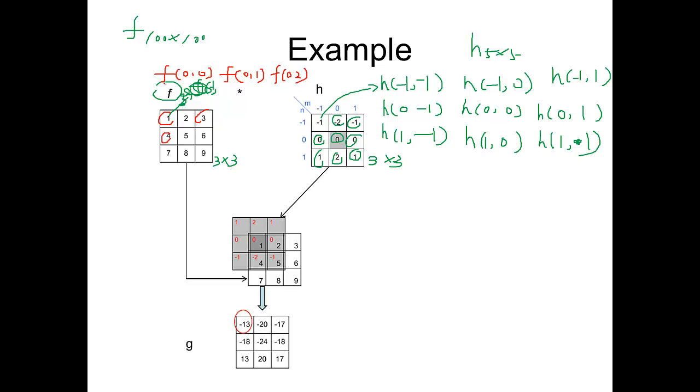For this one, it's F10, I'm sorry. For this one, it's F11, then F12. Then also we have F20, F21, F22. So this is a 3 by 3 matrix.